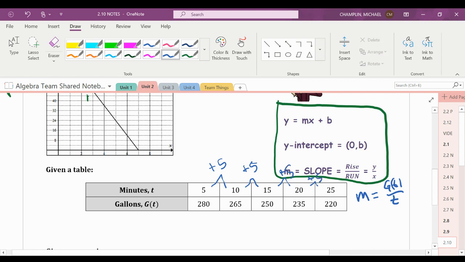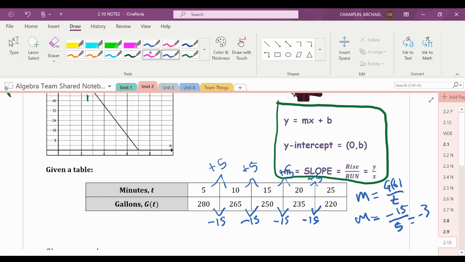Now let's look at our g of t values. G of t looks like it goes down by negative 15. Oh, yep. I would say that's a constant rate, right? Negative 15, negative 15. Awesome. So now we got m equals negative 15 over 5, which simply equals negative 3. Not bad.